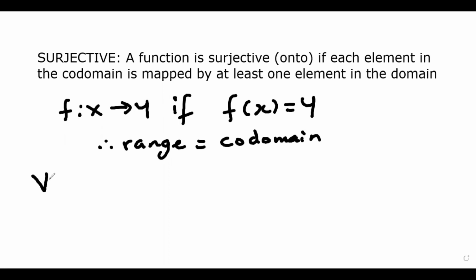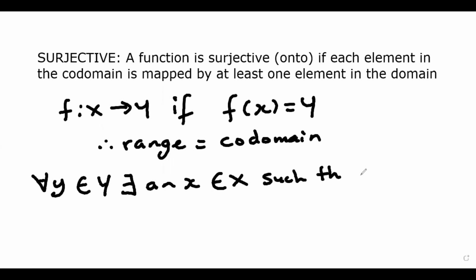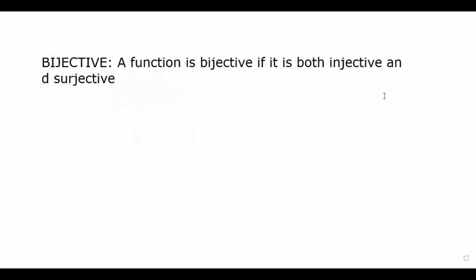So for all y in Y, there exists an x in the set X such that f of x is equal to y. Now for bijective, a function is bijective if it is both injective and surjective.